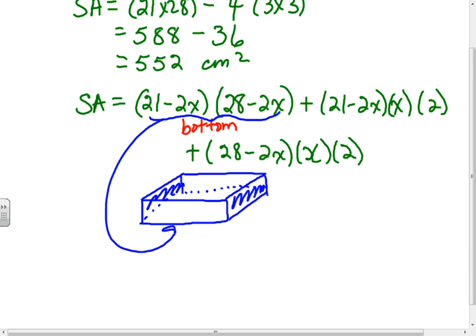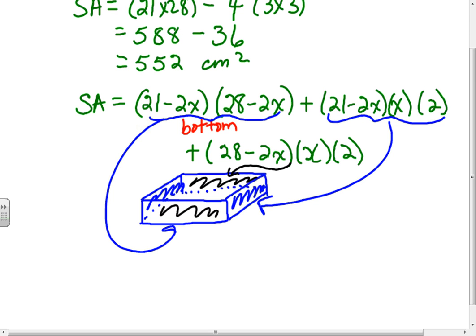And there. And that would be the two small ends. And then you have the two larger ends here and here. There. So that formula would get us there as well, and we can substitute a 3 in at this point.